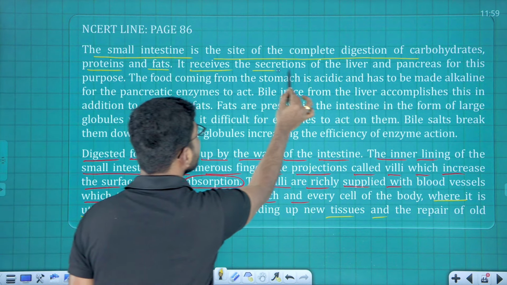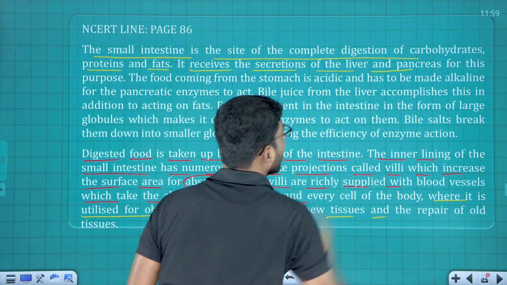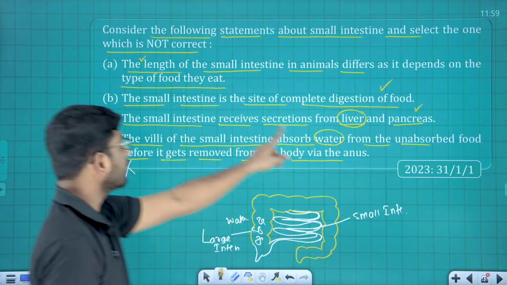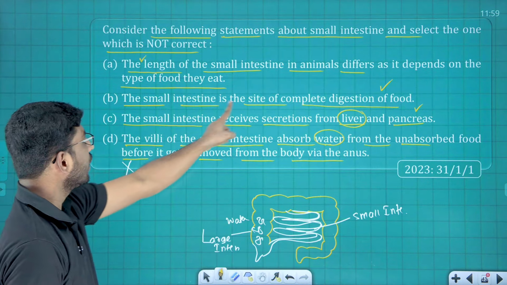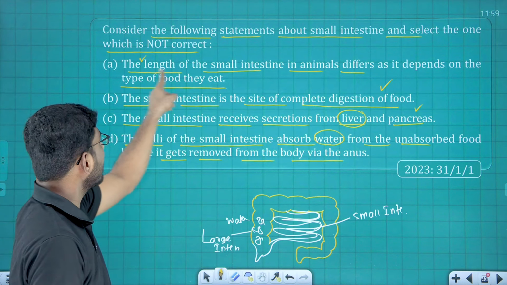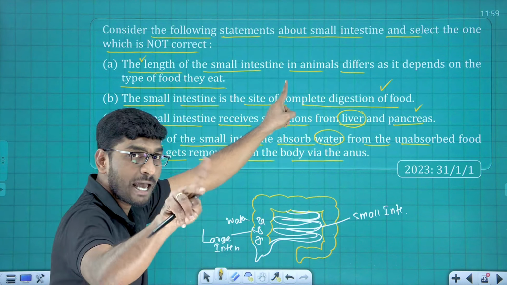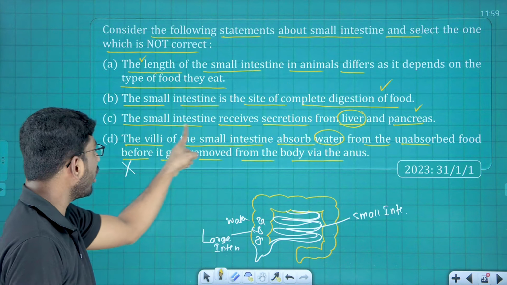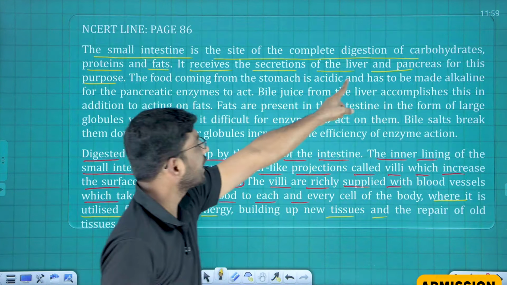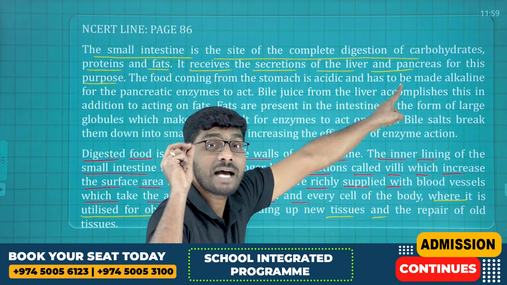It receives secretions from the liver and pancreas for this purpose. Come back to our question. The length of the intestine also varies in herbivores and carnivores. The small intestine receives secretions of the liver and pancreas, directly mentioned here.